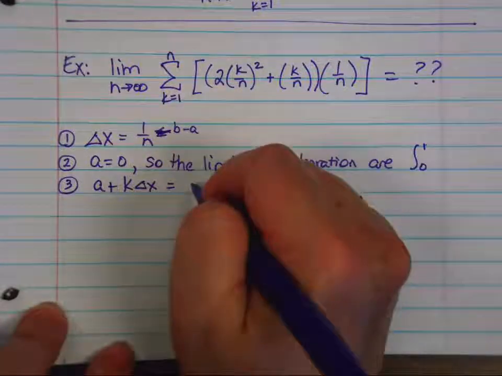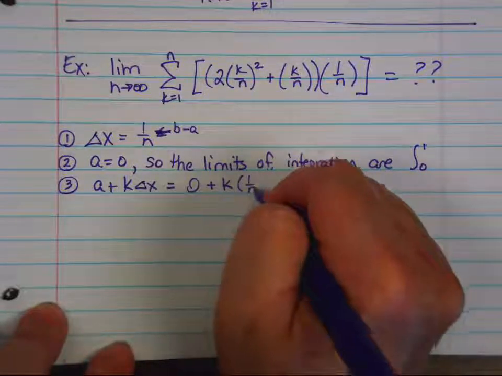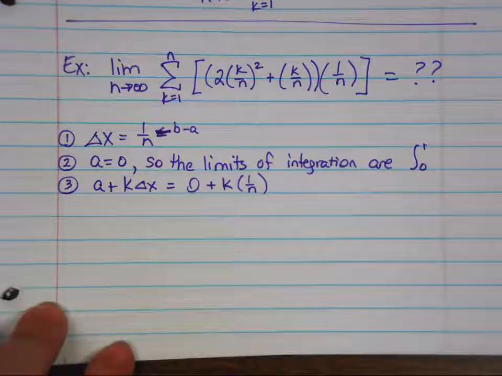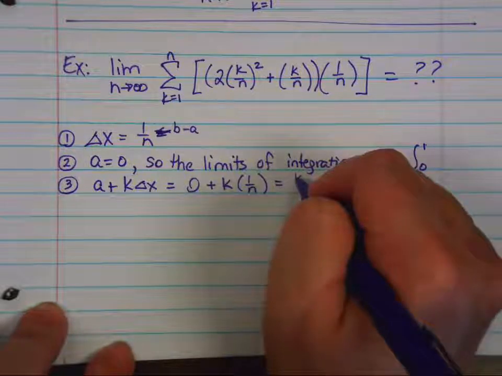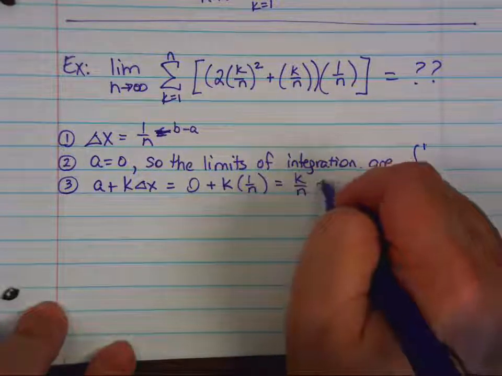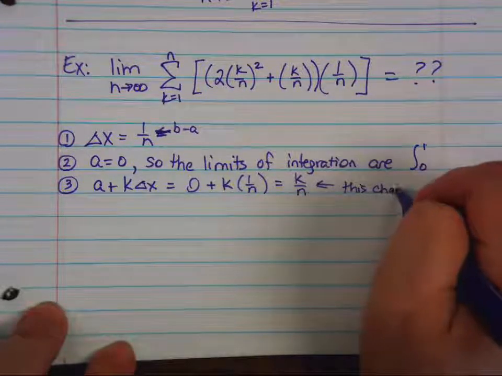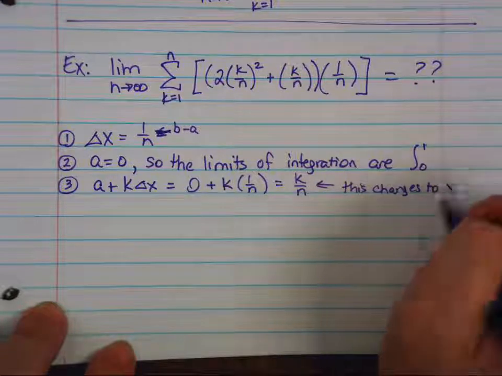I know a is 0 plus k, and I know delta x is 1 over n. So this is k over n. Do you agree with me? This changes to x in the integral.